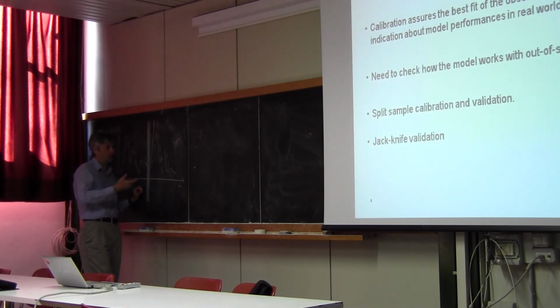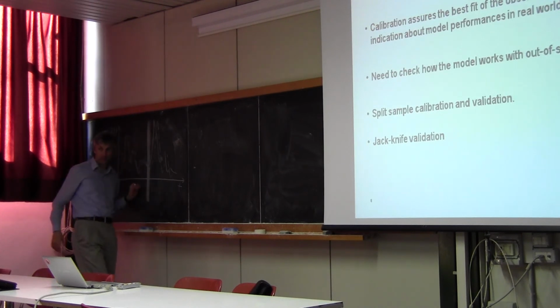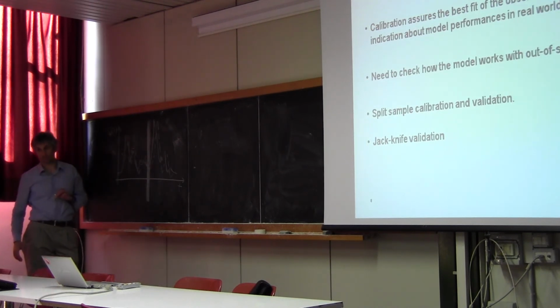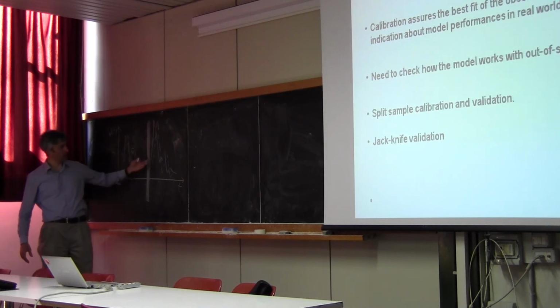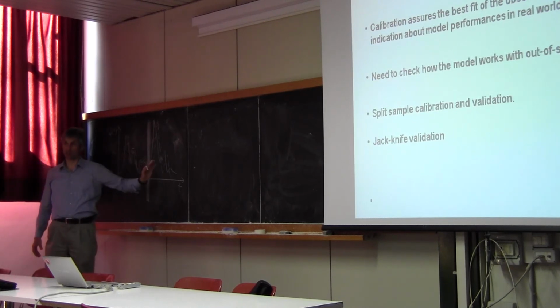Because in the real world I don't have the observed data, because if I had them, I wouldn't need the model. But it's a similar situation with respect to this one, where I pretended that I didn't have the observed data. And typically, as you can understand, you get a worsening of the performances in the second part.